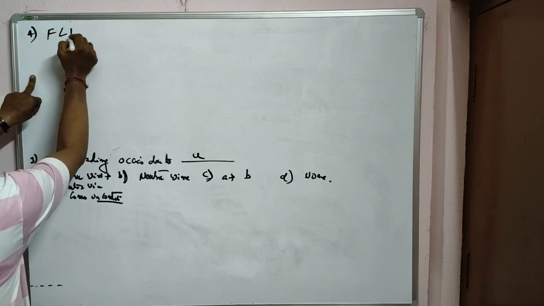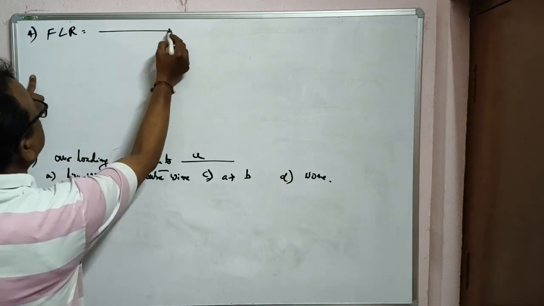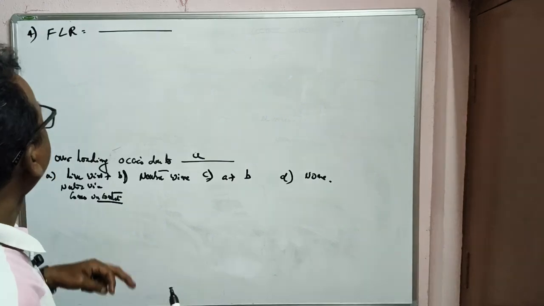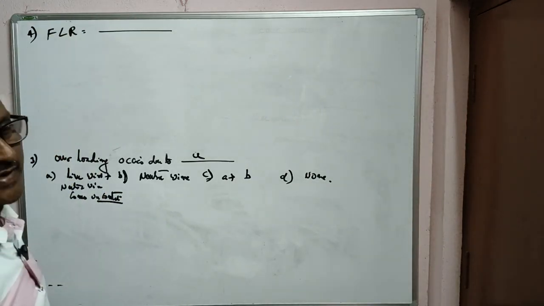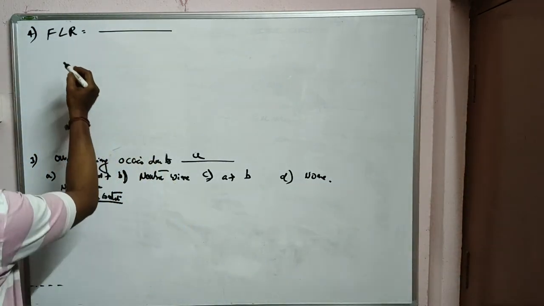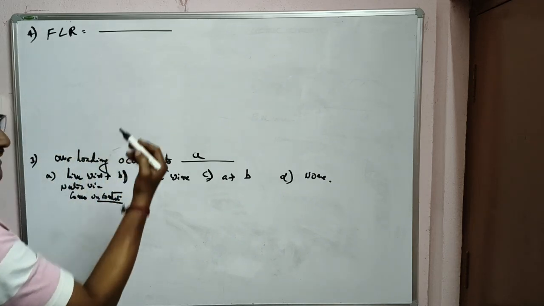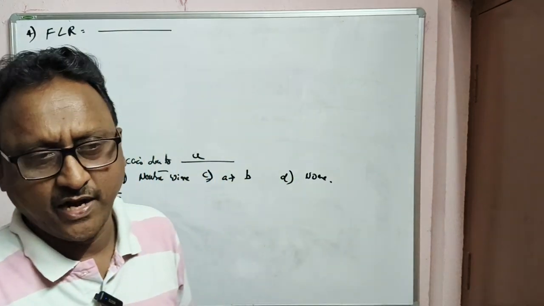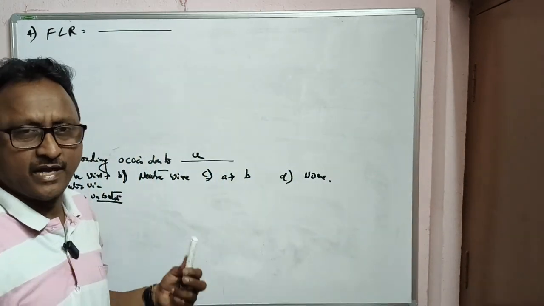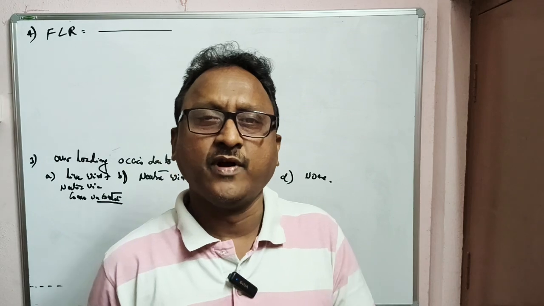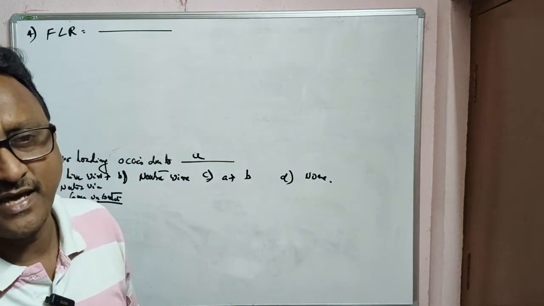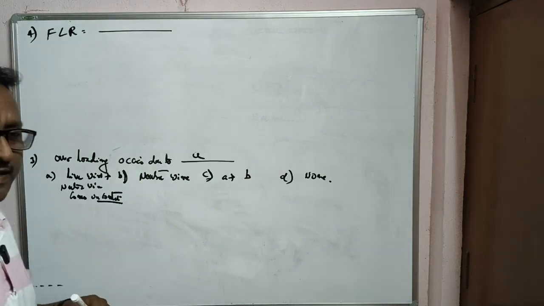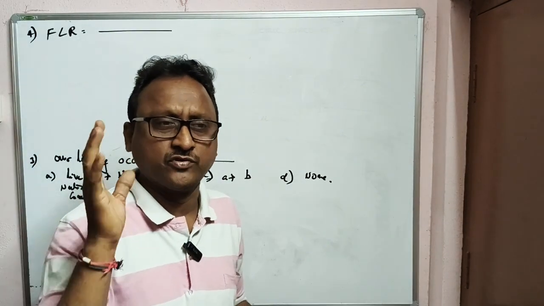What is Fleming's left-hand rule? What is FLR? Where is it generally used? I told you just now, Fleming's left-hand rule is generally used in electric motors and generators to find the direction of currents, in what way the direction of current, magnetic field and magnetic force is going on.